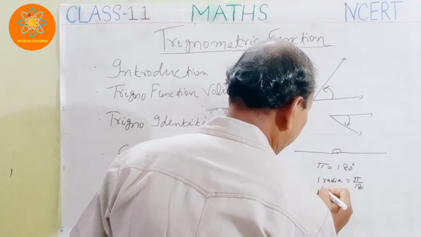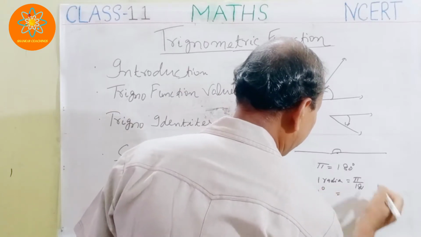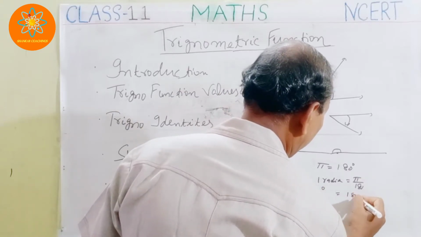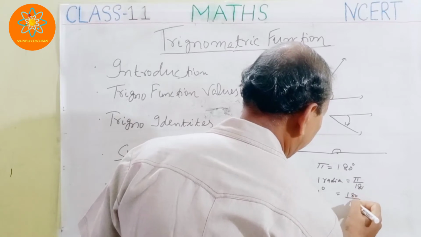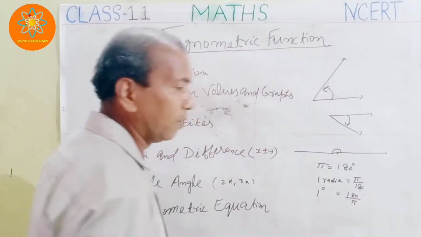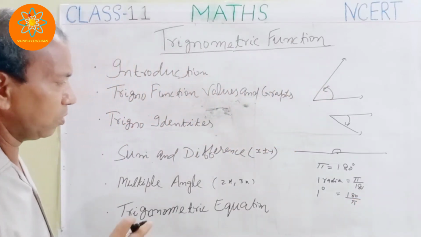Similarly, let's suppose I find 1 degree. 1 degree is just the opposite of this, so 180 by pi.